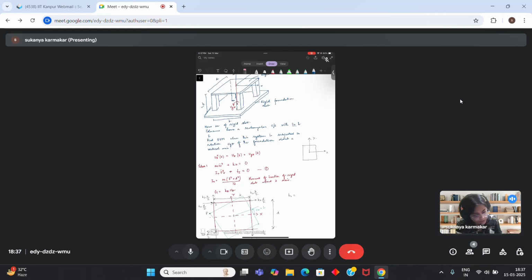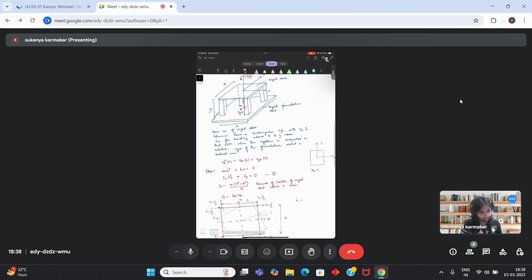Let me complete the question here. Ix and Iy for bending about x and y axis. So what will be kx?